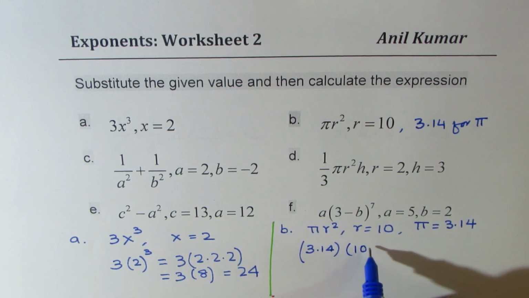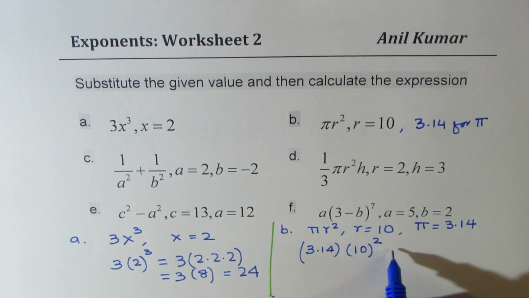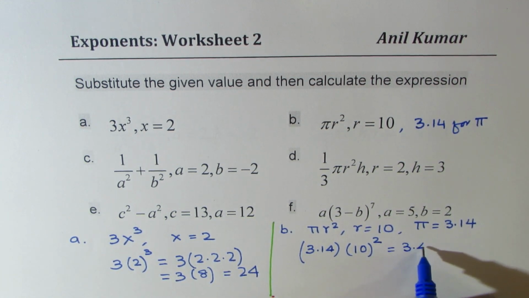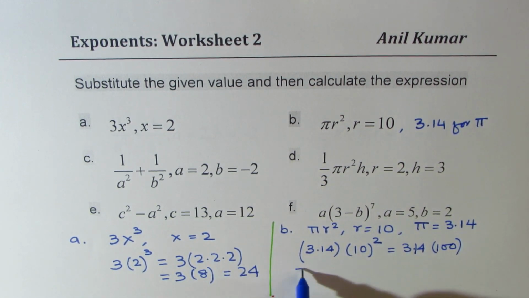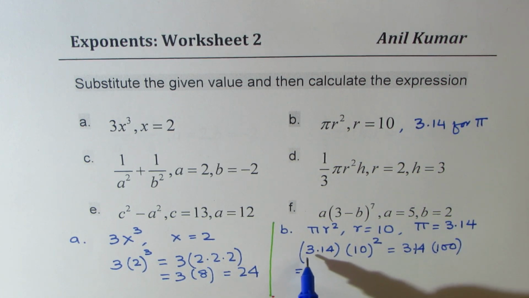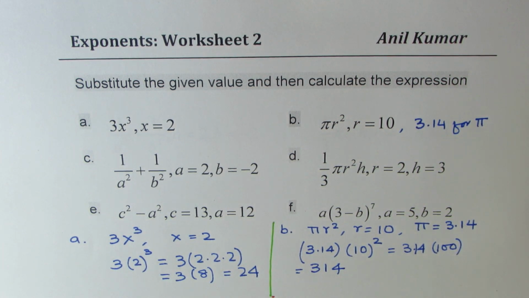I've taken 10 with a purpose. You don't need a calculator. 10 squared is 100, correct? So what you get here is 3.14 times 100. That moves the decimal two places to the right, making it 314. Does it make sense? So that is how you could do it.